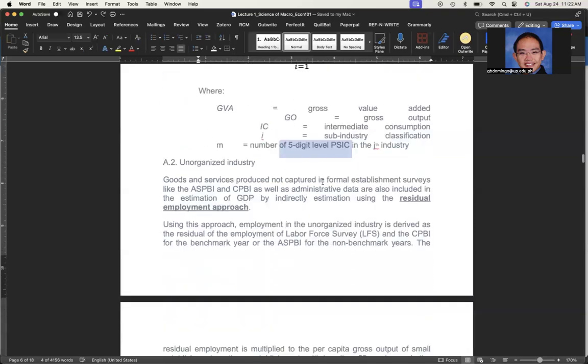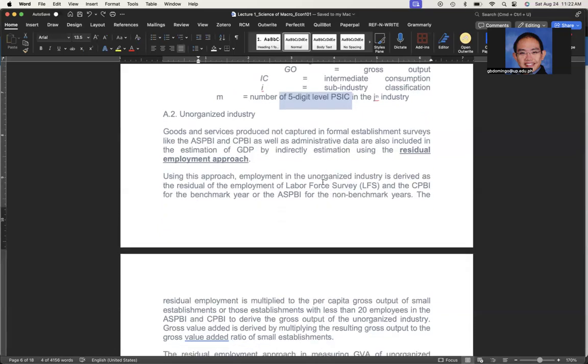What about the unorganized industry? So the unorganized industry, the goods and services produced not captured in formal surveys like ASPBI or CPBI, as well as administrative data, are included by indirect estimation using the residual employment approach. So what is that?